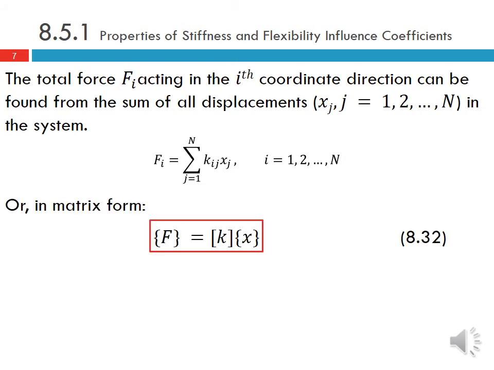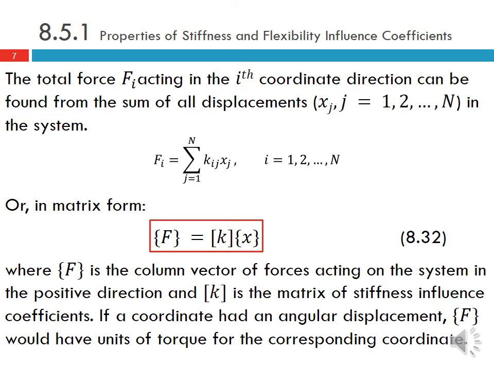Or, in matrix form, F is equal to Kx, where F is the column vector of the forces acting on the system in the positive direction, and K is the matrix of stiffness influence coefficients. So if a coordinate had an angular displacement, F would have units of torque for the corresponding coordinate.